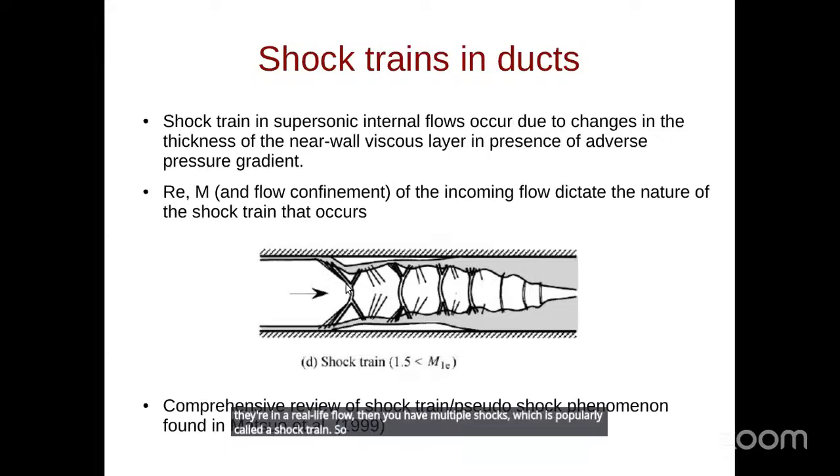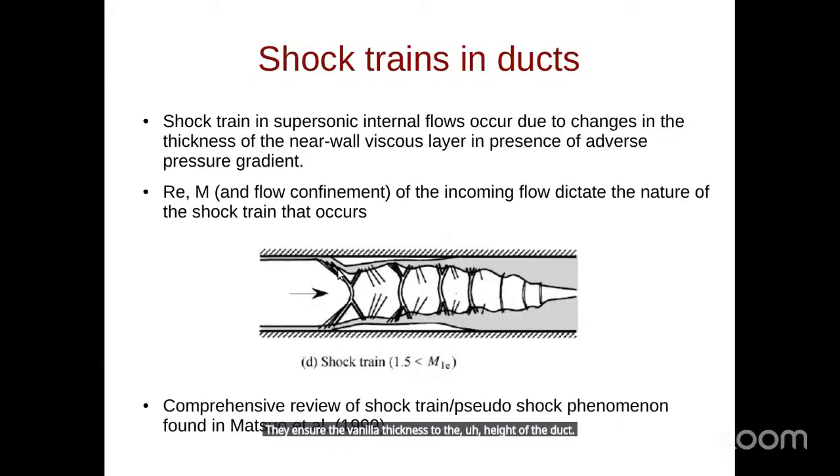A sketch is shown here where the boundary layer thickening results in the presence of shock, and the shock structure will depend on many factors such as the Mach number, the Reynolds number, and what is called the flow confinement, that is the ratio of the boundary layer thickness to the height of the duct.